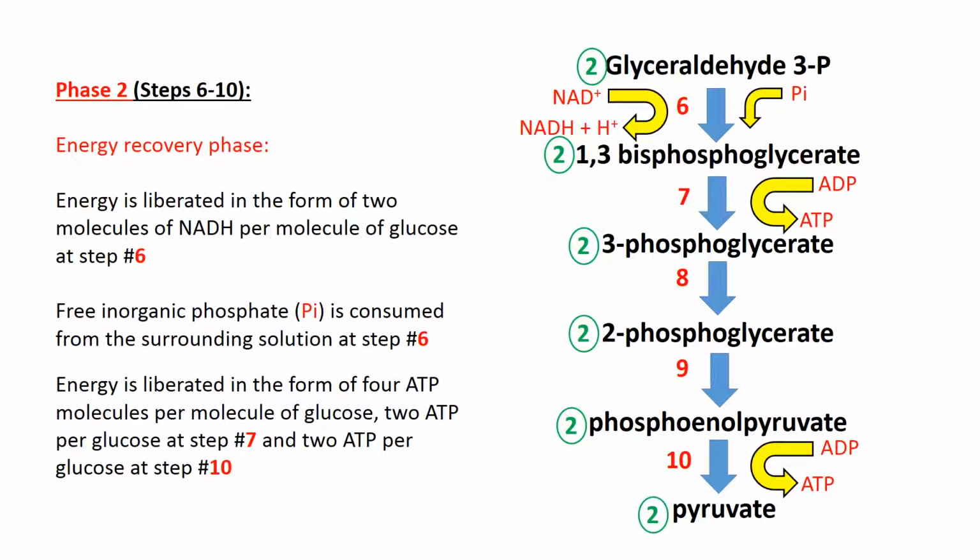During the process of electron transfer from glyceraldehyde 3-phosphate to NAD+, the glyceraldehyde 3-phosphate loses 2 electrons and is oxidized as a result. At the same time, the NAD+ gains those 2 electrons, so we say that the NAD+ is reduced to NADH as a result.